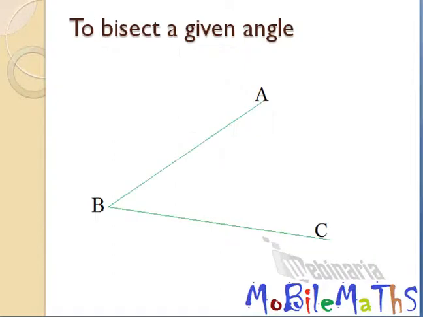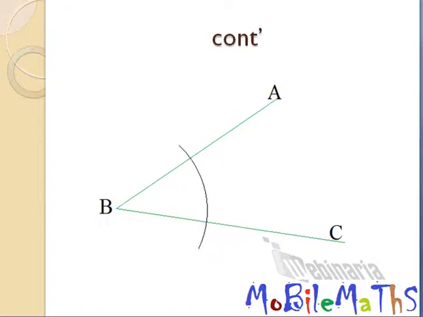Today, let's look at how to bisect a given angle. We have an angle ABC with this arm BC. Now, for us to bisect angle ABC, we can take our compass sharp point at point B and open it to form any radius, could be 3 cm, 4 cm, any within the line BC.